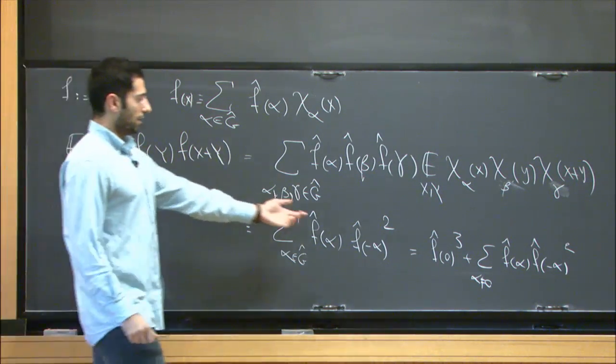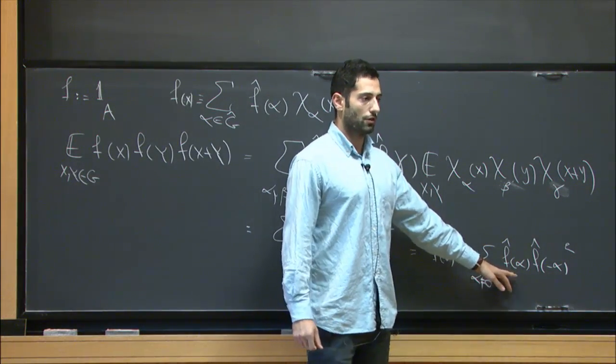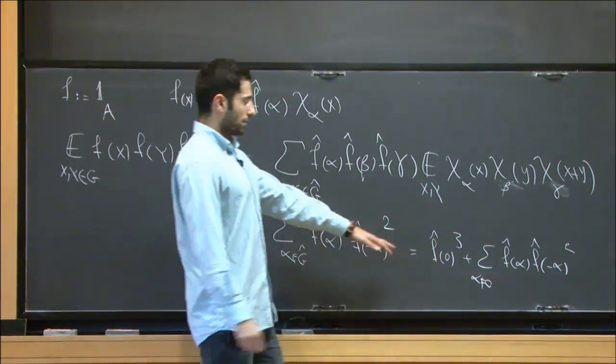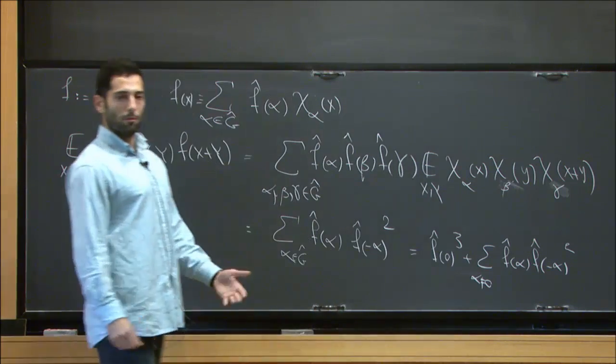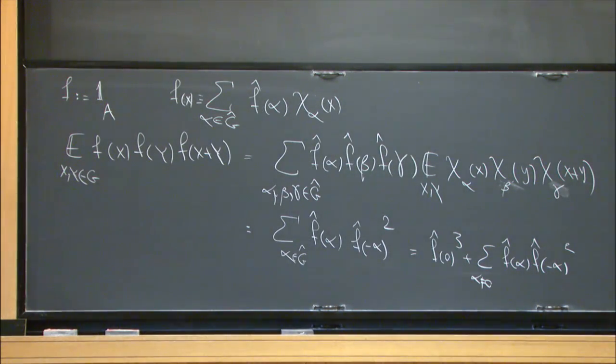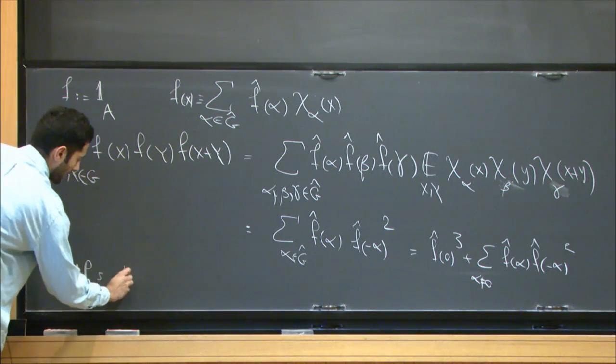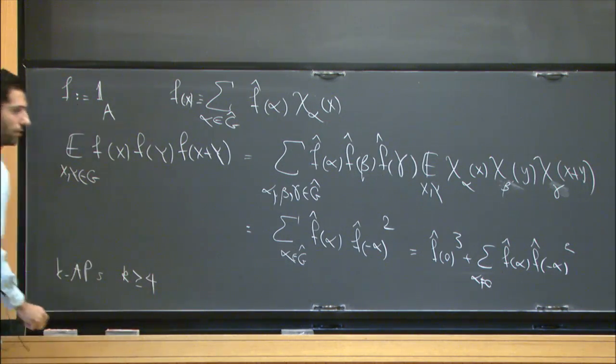So basically, the maximum non-zero Fourier coefficient is a uniformity measure that controls the density of triangles. And similar things you can do for 3-term arithmetic progressions, but it turns out that there are many examples where you can't control such densities by the Fourier coefficients. Okay. And one example is k-term arithmetic progressions as soon as k is greater than or equal to 4.